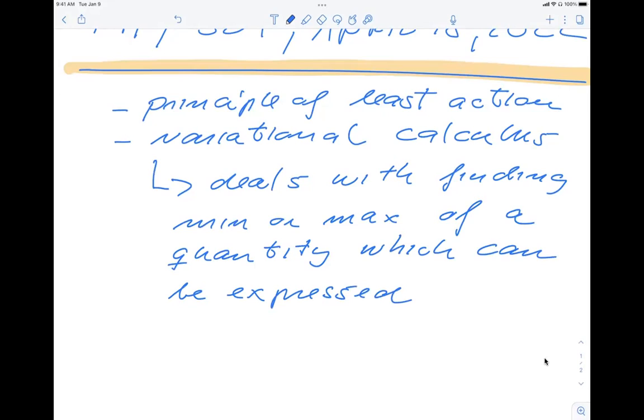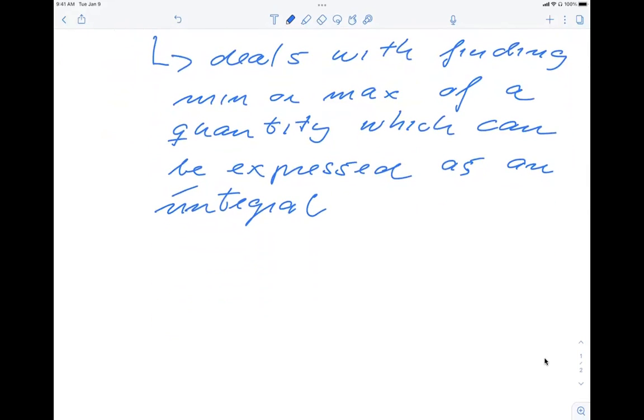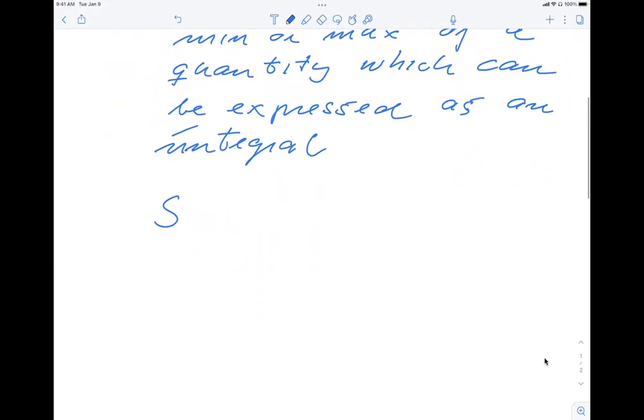And in physics, there are many quantities which we encounter which can be expressed as an integral. In our case, the quantity which we are going to define is a function S, which is normally called the action. So it has its own name. In mathematics, you may not find that; it's just defined as the variational integral.